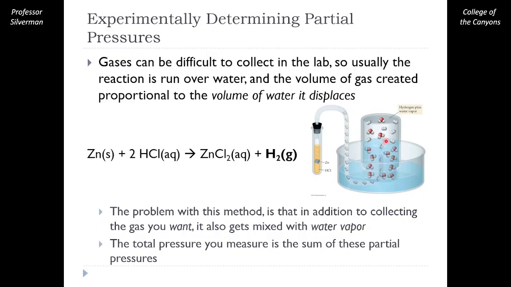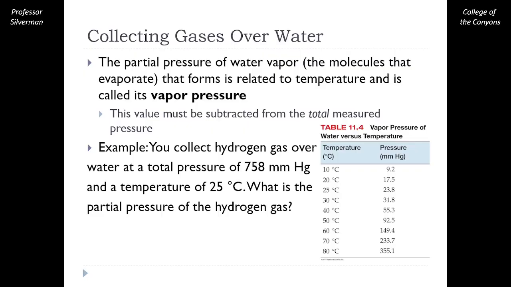But there's a caveat. When water is present as a liquid, well, there's also going to be some water present as a gas. This is known as the vapor pressure. Whenever you have a liquid, there is going to be some amount of gas above it, depending on what temperature it's at. Think about pouring hot water for tea.